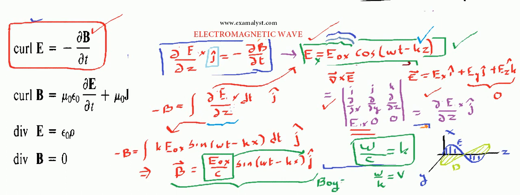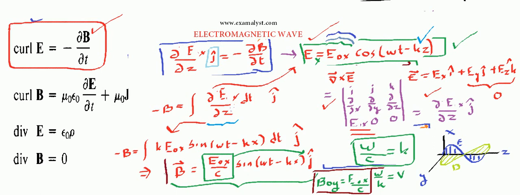So the maximum value of B naught y is equal to 1 by c of the maximum value of E naught x, because E is vibrating along the x axis. Agreed? So this is a clear indication that the electromagnetic wave has both electric and magnetic field, and these are perpendicular to each other, and the maximum amplitude of the magnetic field is 1 by c times the maximum amplitude of the electric field.